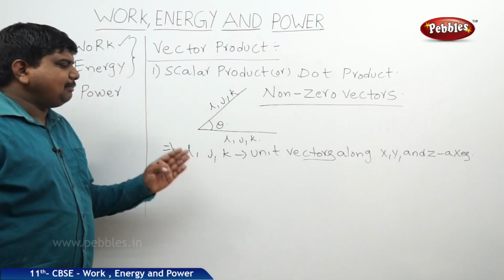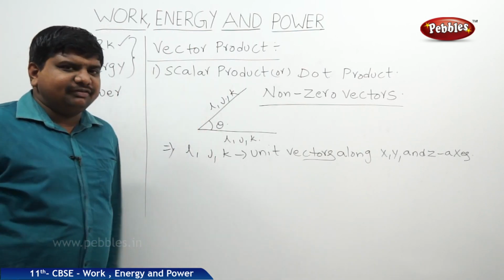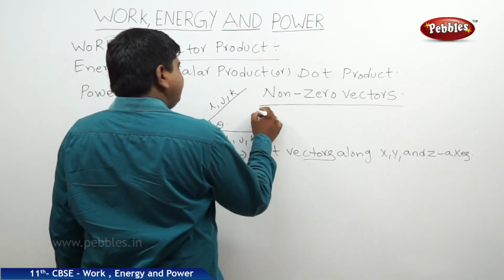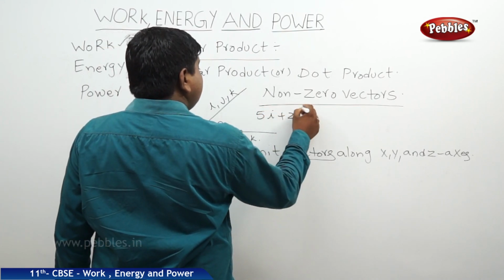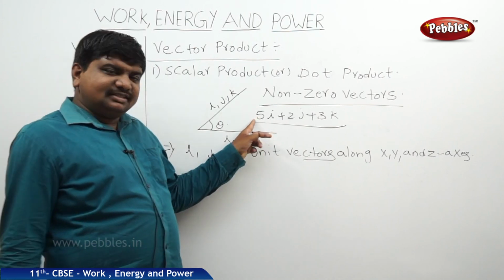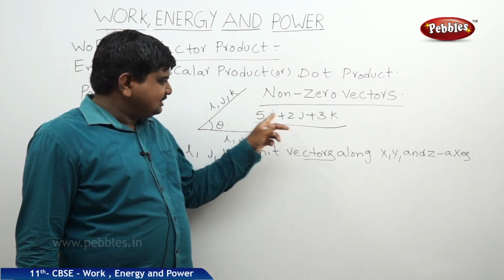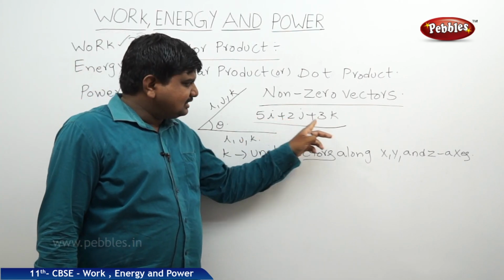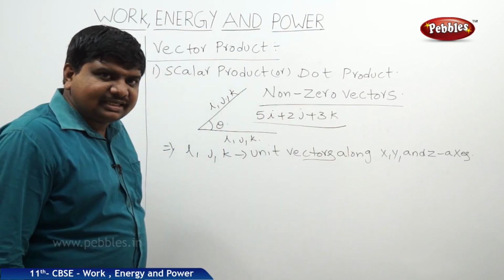Magnitudes means the value which is just before the unit vectors. Let us suppose 5i plus 2j plus 3k. This 5 is the magnitude along x-axis, 2 is the magnitude along y-axis, 3 is the magnitude along z-axis.